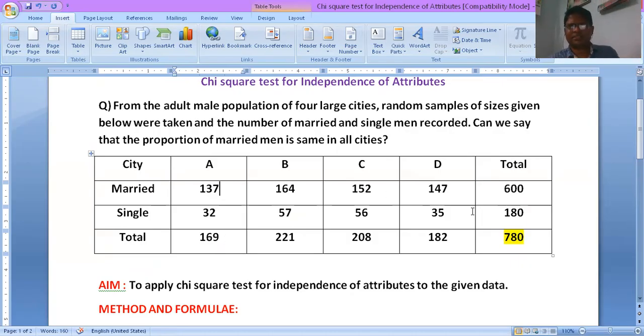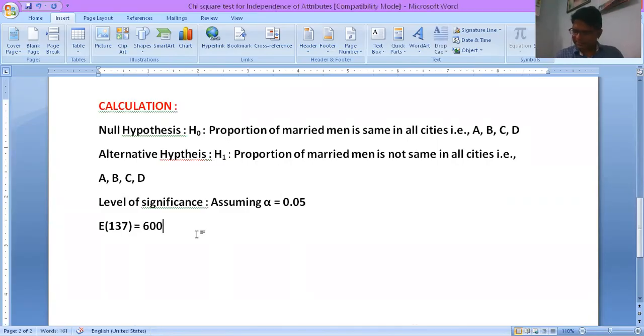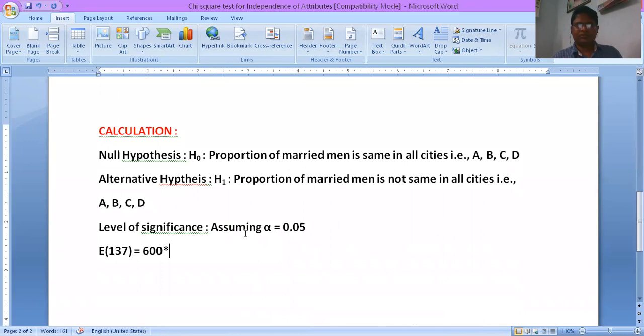Vertically, the total is 169. So 600 into 169 divided by the grand total gives the expected value for 137. Multiply both these values and divide with the grand total: 600 into 169 divided by 780. Simply, it is 130 if you calculate.